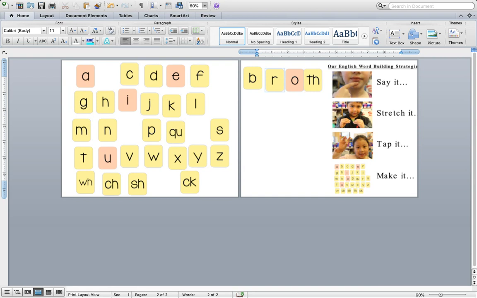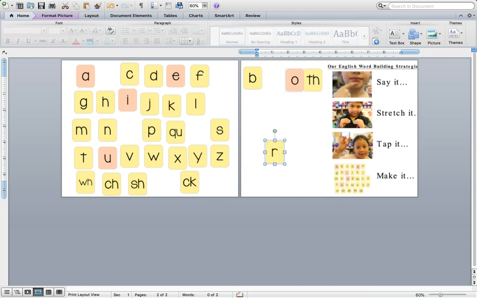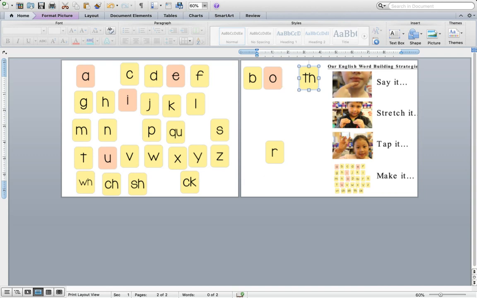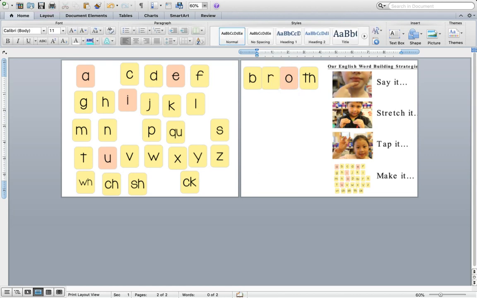If I would have forgotten this sound, what would it say? It would have said b, off, both. And that's not the word, right? So when words have 4 sounds, sometimes they can trick us a little bit. But if you say them and stretch them and then tap them out, it makes it a lot easier to hear every single sound, even if it's a word with lots of sounds.